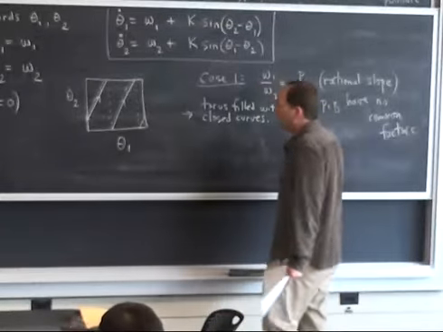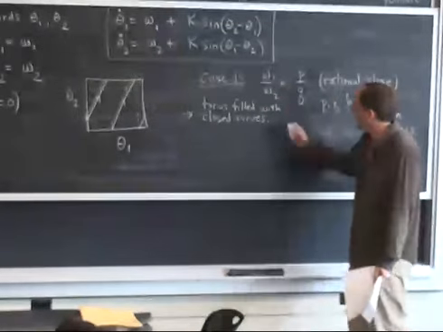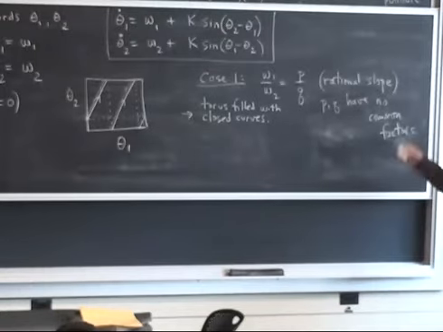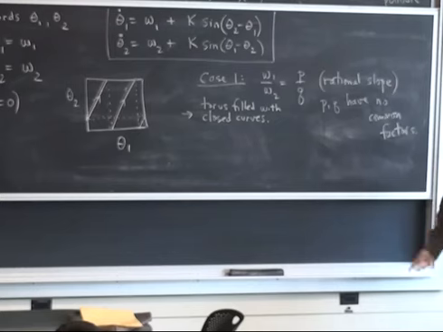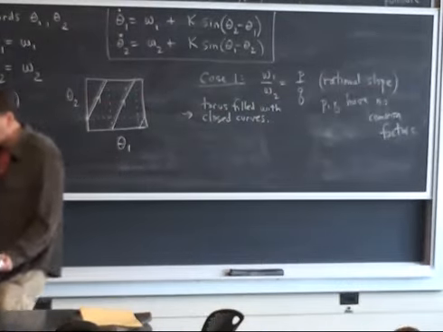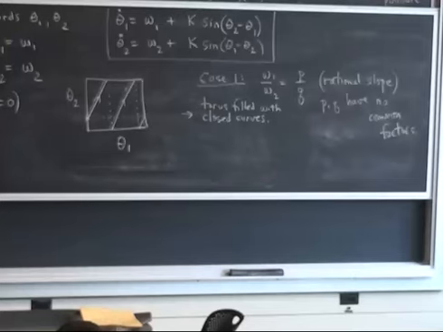And we know a little bit more about them, which is that if the ratio is, as we say, p over q, it means that we're going to go p times around the one circle in the same time that we go q times around the other circle. Or if you want to think of it as runners, if one runner is 5 times faster than the other, that runner will make 5 laps in the time that the other one makes 1 lap.